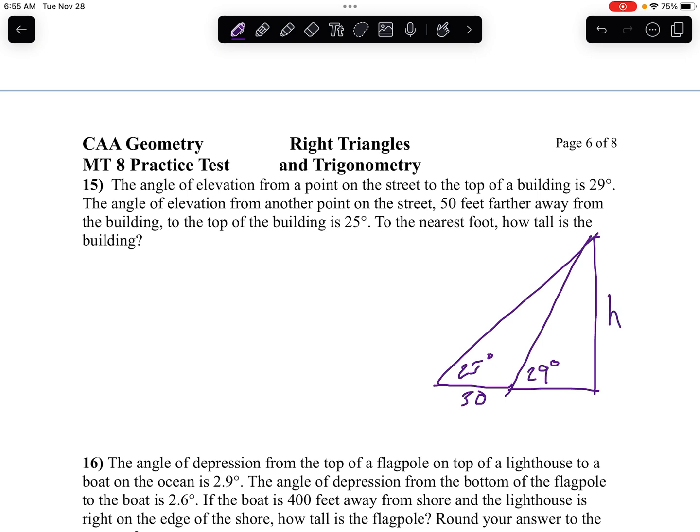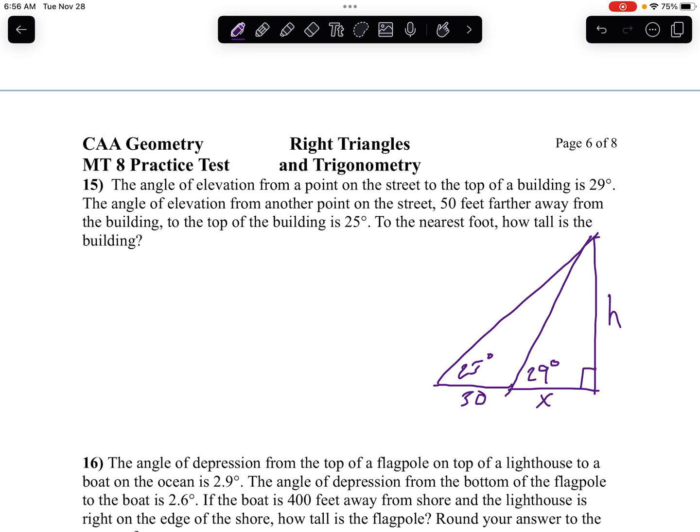Let's call this H. And I'll do the distance from the building to the initial spot is X. So in other words, opposite, adjacent.